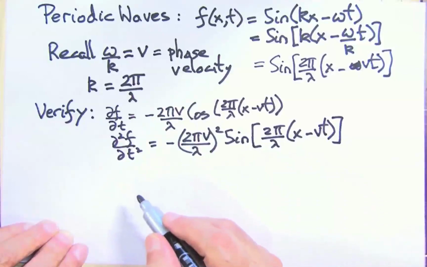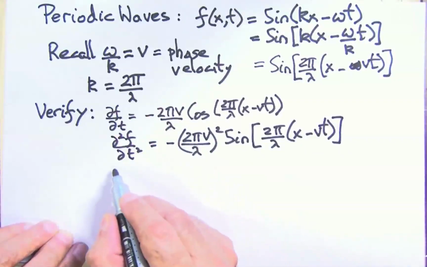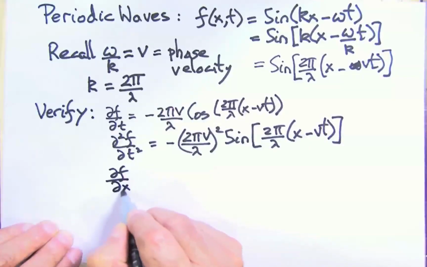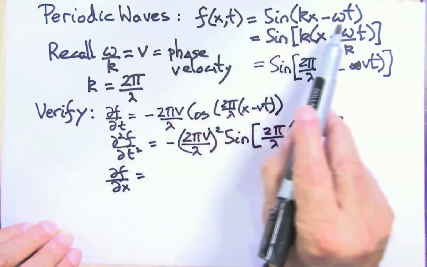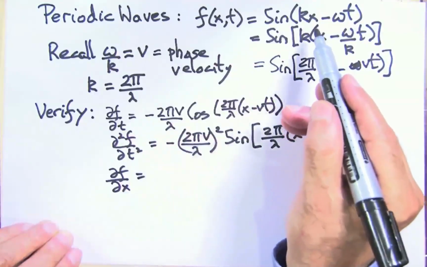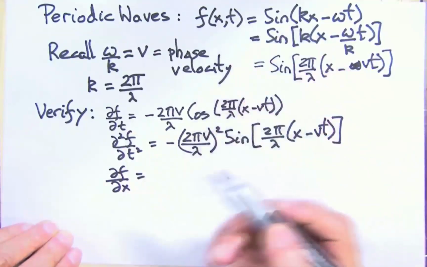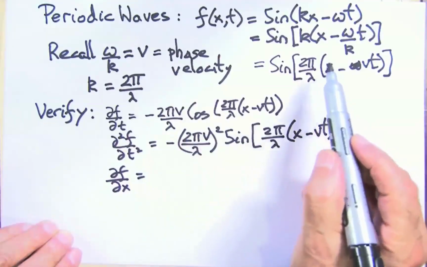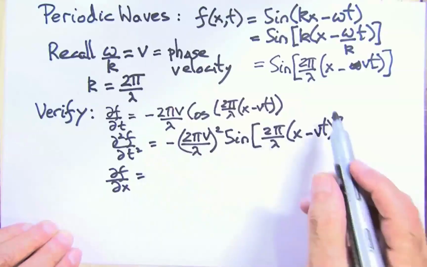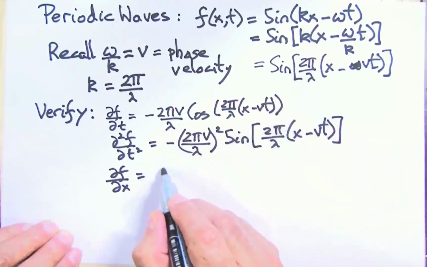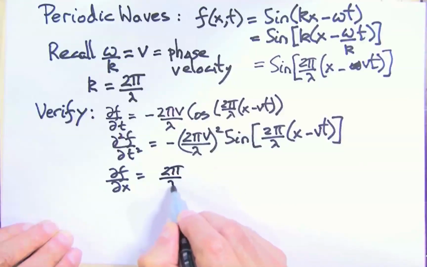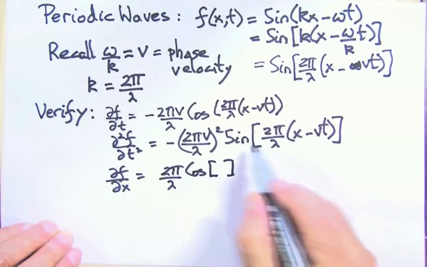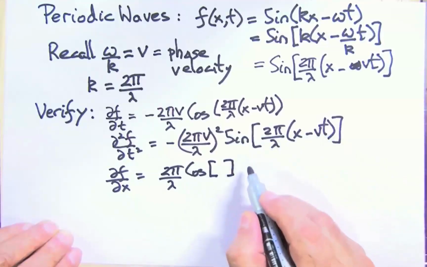Okay, very good. Now, if I do the same thing with x, so df by dx, I'm going to differentiate this with respect to x. In that case, I'll get a k cosine, and of course, if I differentiate this, I'll get 2 pi over lambda and cosine of all this stuff inside. Why rewrite it again?